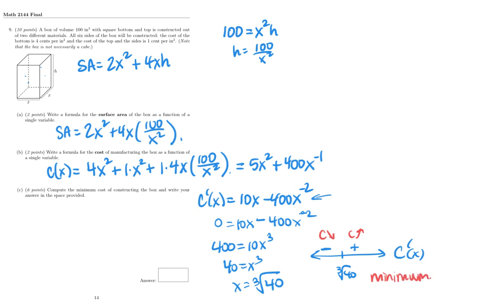Okay, now to find the actual minimum cost, that'll be C of cube root of 40.